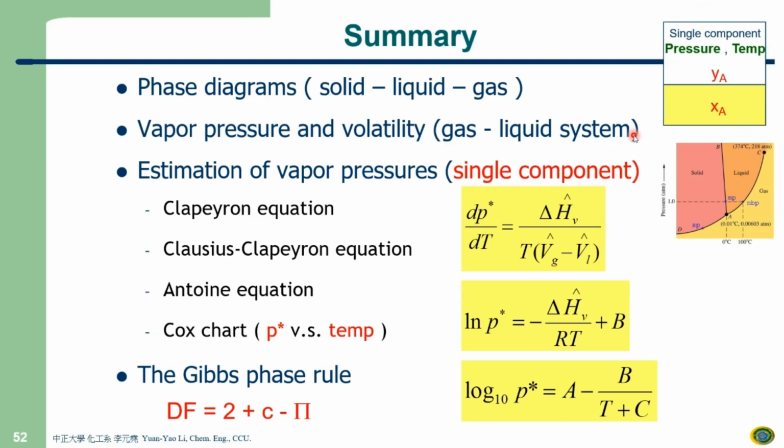What is pi? Yes. Thank you. Very good, 0.5 point. The phases. How many phases are in this system? If I have solid, liquid, and gas, how many phases are in this system? 3, right? Because liquid, solid, and gas. So you can put 3 in this place.